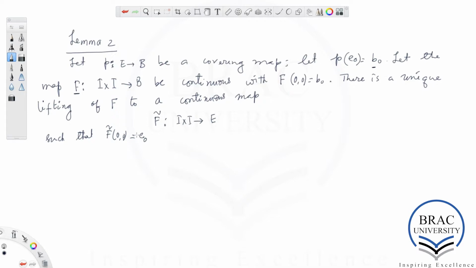Moreover, if F is a path homotopy, then F tilde is a path homotopy as well.